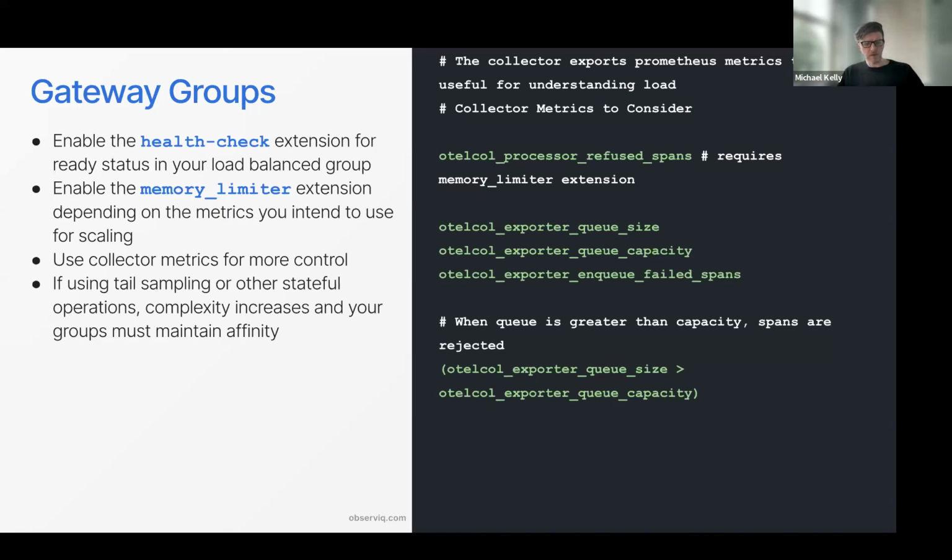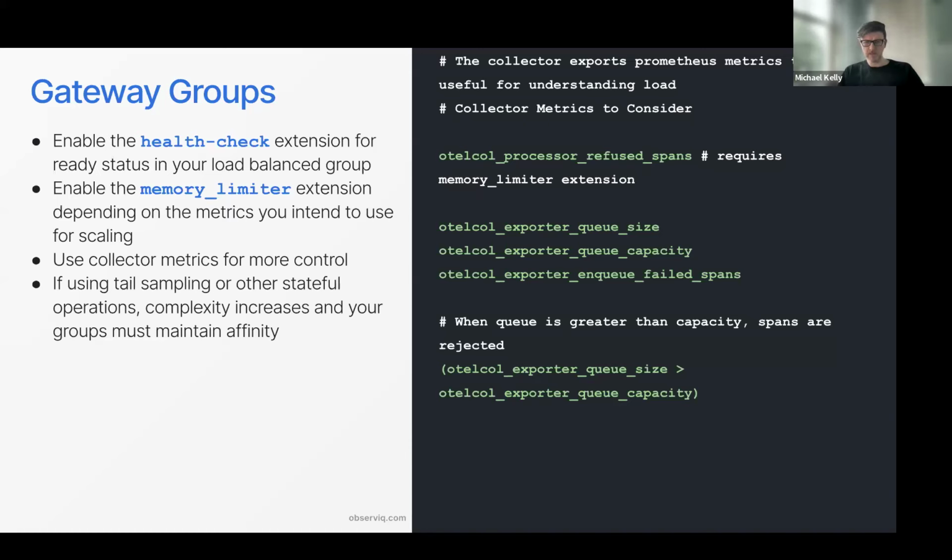So I usually recommend starting by scaling out on CPU, memory, and IO. But if you're looking for more control and really understanding when the collector is hitting max capacity, you'll probably want to look at the internal collector metrics.